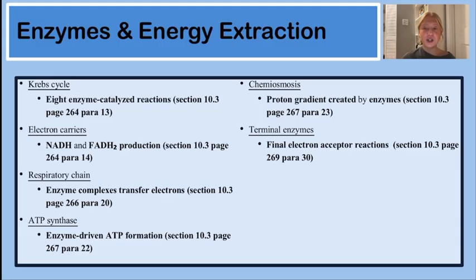The respiratory chain itself is made up of several enzyme complexes embedded in the membranes that pass electrons in a very controlled sequence. The enzymatic electron transfer pumps protons and creates the proton motive force, which powers ATP synthase, a complex enzyme that physically converts ADP and phosphate into ATP.